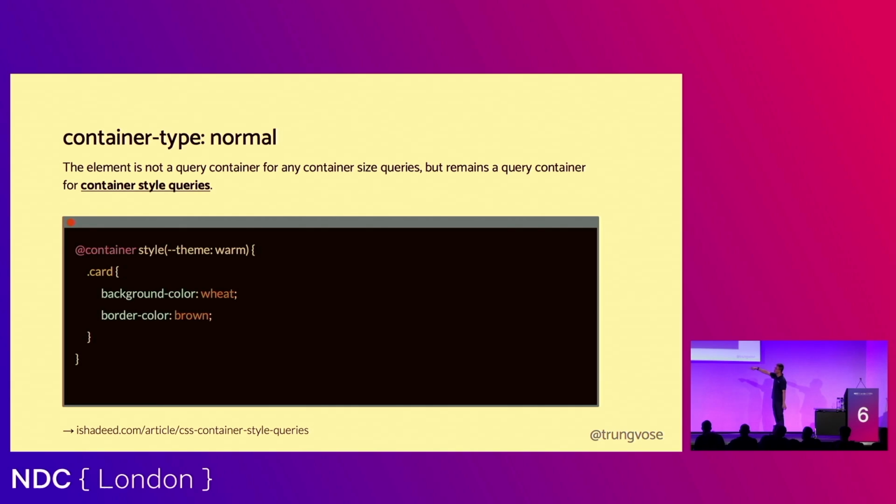But it seemed to already be working on Chrome Canary. So it's on the way to come. I think in the future, you can say, okay, I want to know if my parent background is like brown, I do something. Not just style based on a custom property, but it's coming. I'm not sure when, I'm not in the team. Anyone who knows can share later. That's the container-type normal.